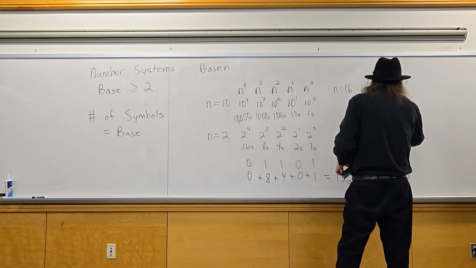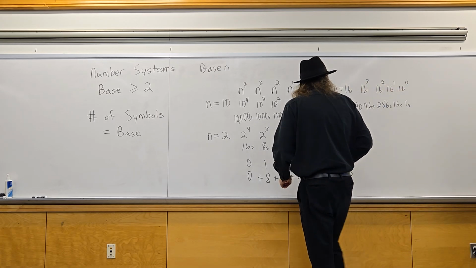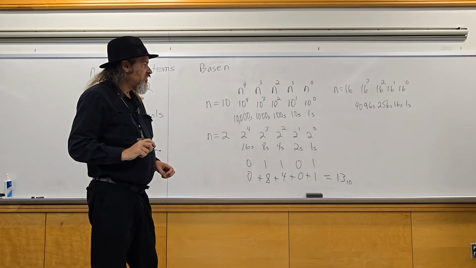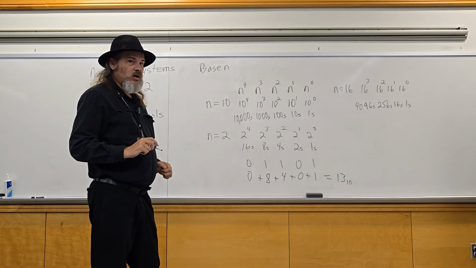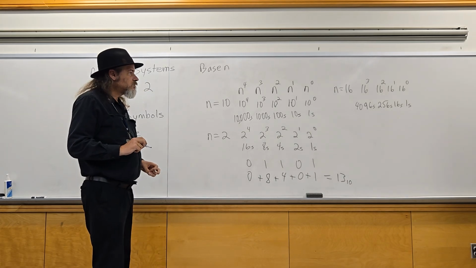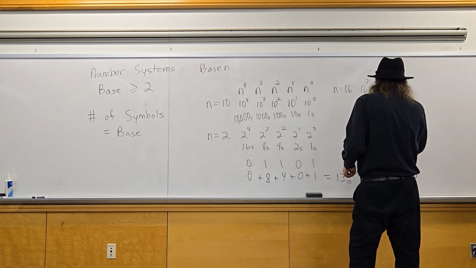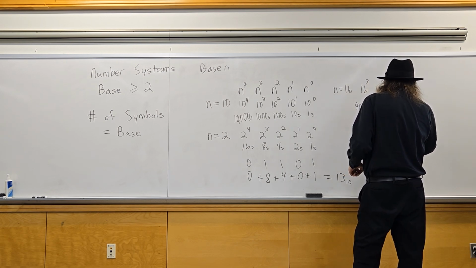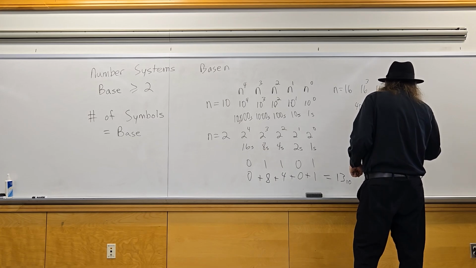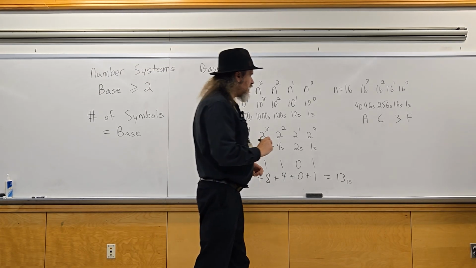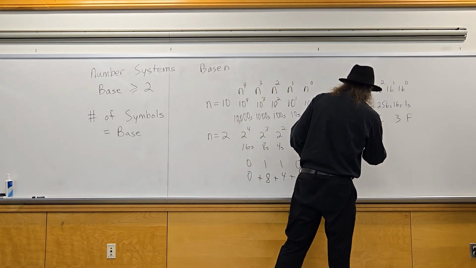So you'd have the 4096s, the 256s, the 16s, and the 1s. Okay? So you have, say, A, C, 3, F. You would have 10 times 4096.